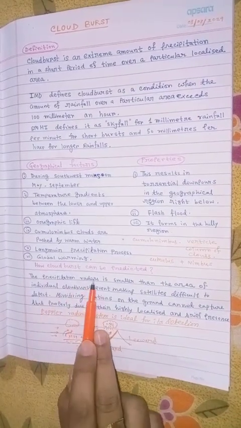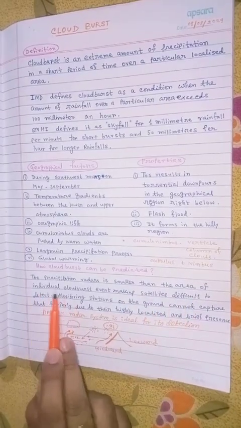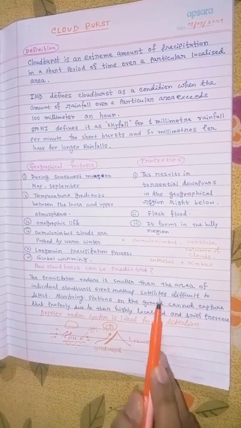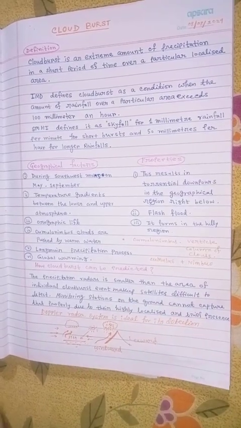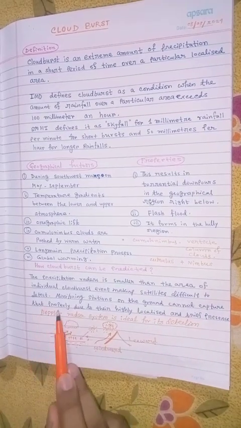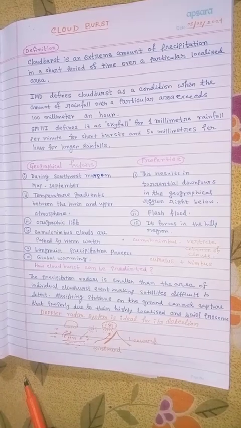The precipitation radars' resolution is coarser than the area of an individual cloudburst event, making it difficult for satellites to detect. Then the monitoring stations on the ground cannot capture it properly due to its highly localized and brief presence.